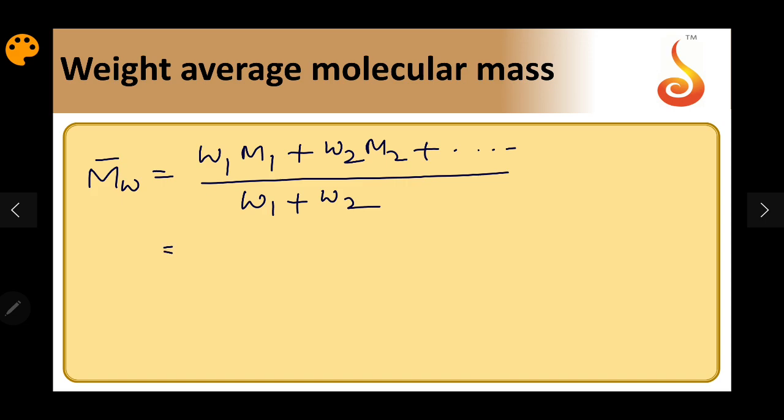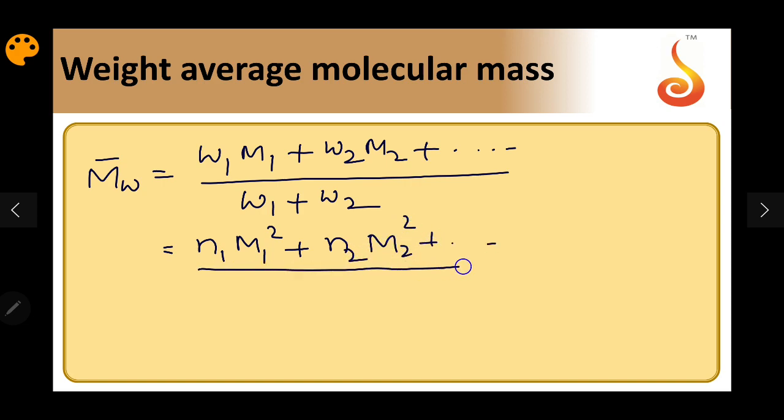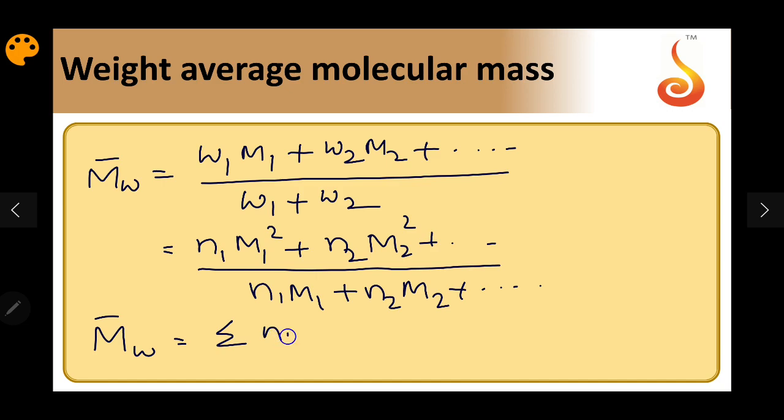So this is n1 m1 square plus n2 m2 square plus etc. whole divided by n1 m1 plus n2 m2 plus etc. So in general I can write Mw is equal to sigma ni mi square divided by sigma ni mi. Generally for most synthetic polymers, Mw bar is greater than Mn bar.